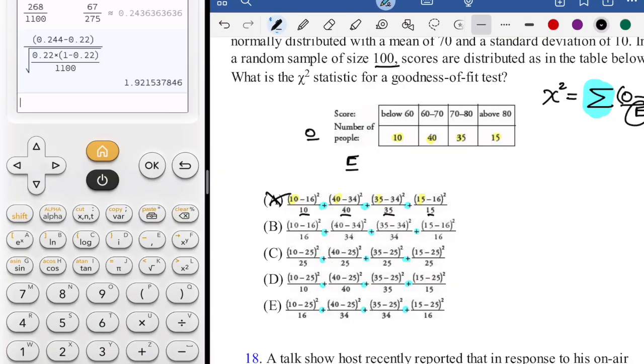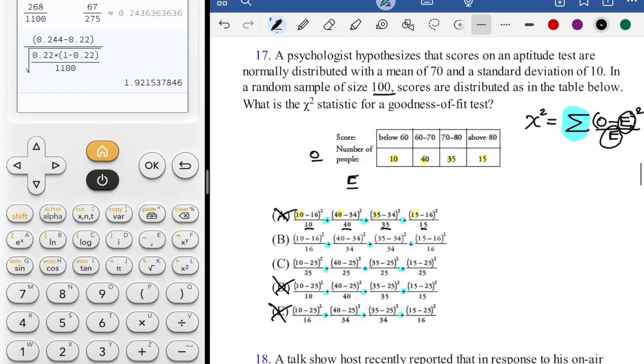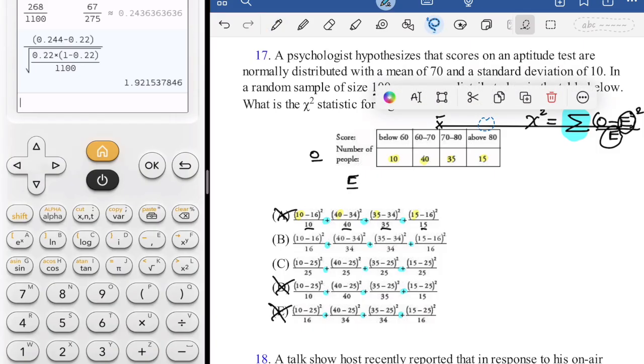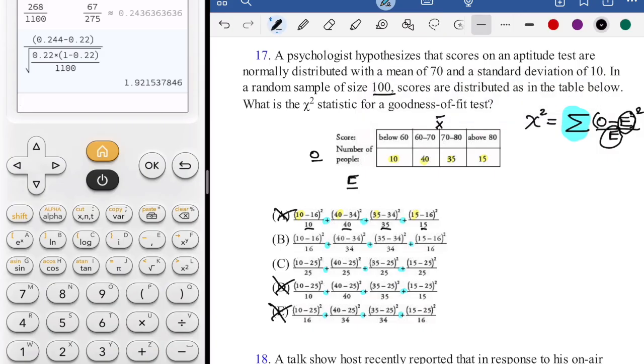Unfortunately, it looks like C is in the right format. D's in the wrong format. And E is also in the wrong format. Now, in terms of the expected values, so I mentioned this before, you have their mean of 70. So your X bar is in the middle here. It's said normally distributed. The empirical rule tells us that about 68% of the information should lie within one standard deviation of the mean.